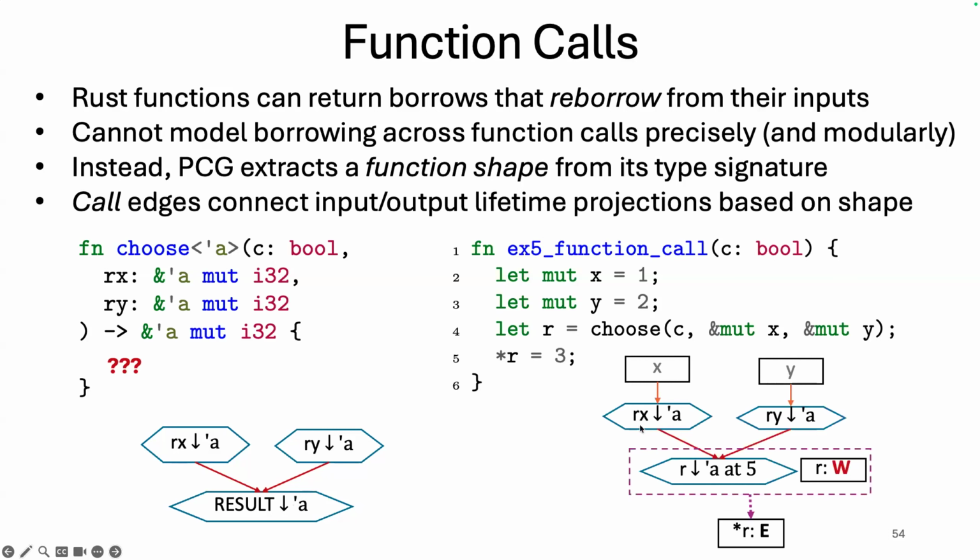So what the shape tells us, from the type signature of choose, is that the result is going to borrow from either one of its inputs. And then there's just a simple substitution. So we know from the client side that R is going to potentially borrow from either X or Y, but not precisely how this occurs.